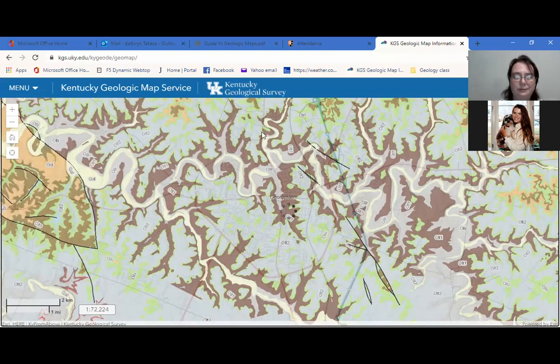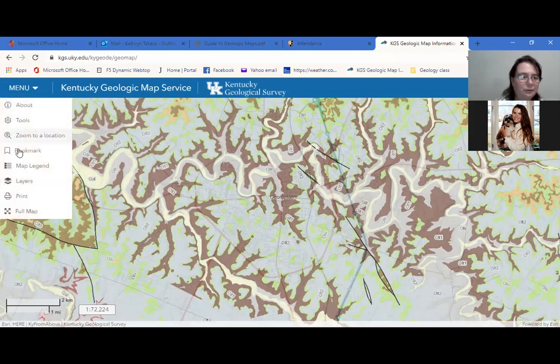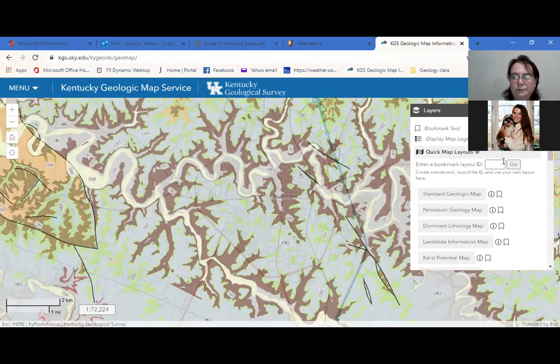So here's Georgetown. There's the bypass. First, if you come to menu and go to layers, there's a lot of different things you can see here.